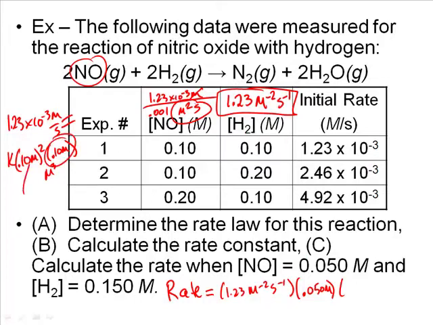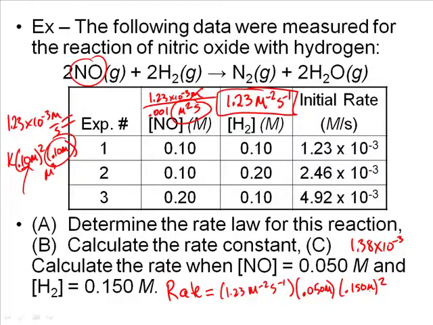This is NO, this is H2. Hydrogen should be squared, so it'd be 0.150 molar, and that one is squared. So we're going to take 1.23 times 0.050 times 0.150 squared, and I get an answer somewhere right around 1.38 times 10 to the negative third.